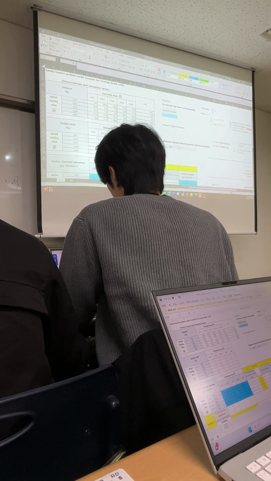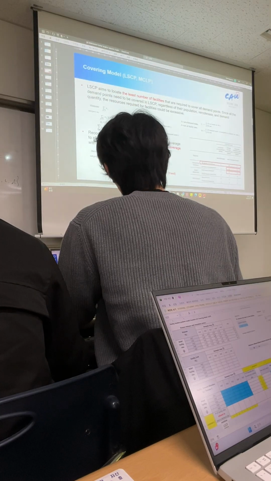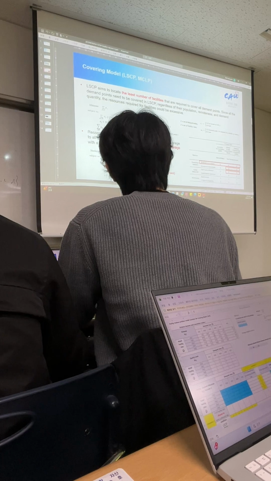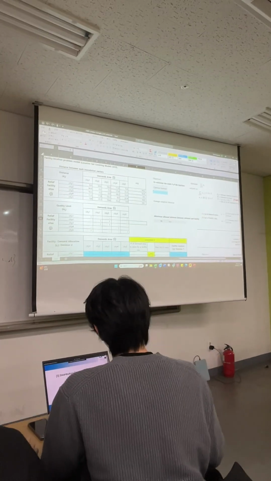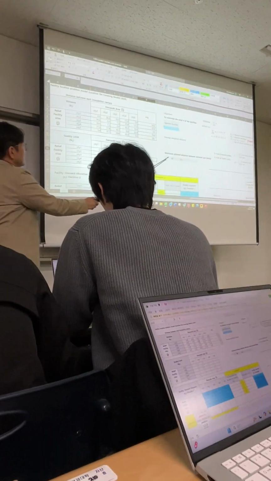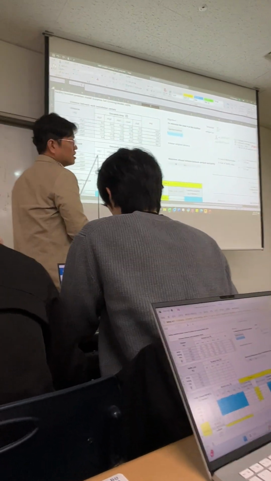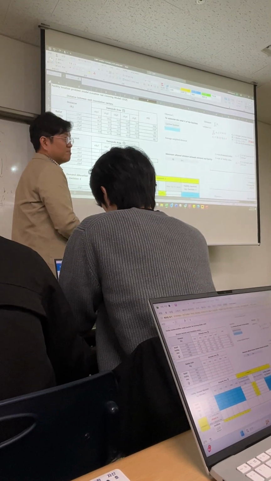In a slide. Okay, so only if it is smaller than the 10 kilometer, then it is automatically calculated. Beyond that, okay, so not many.